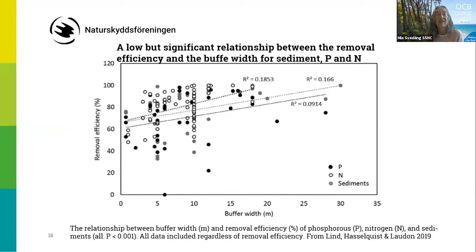As you can see, it's not a very big relationship between buffer width and removal, but there is a certain relationship anyhow. And if you have a bigger buffer, you will have a higher removal of sediments, phosphorus and nitrogen.